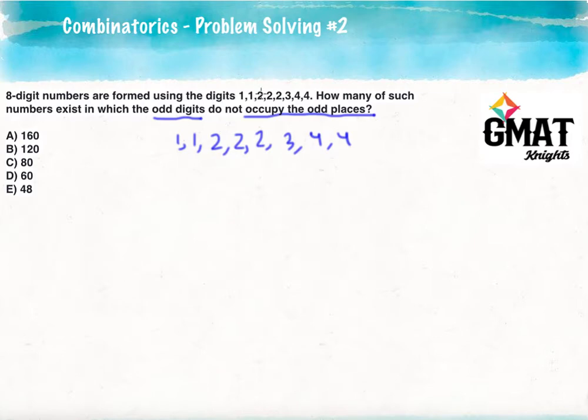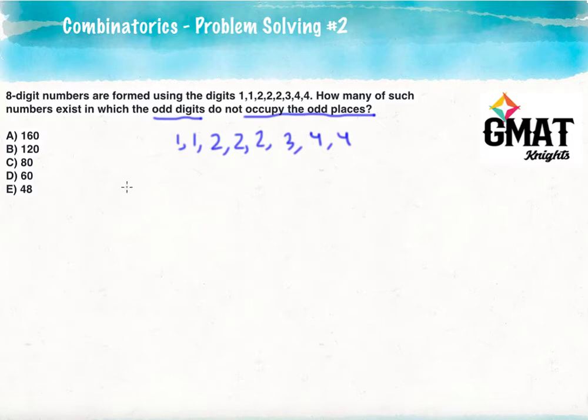Suppose this restriction were not there and we just needed to arrange these 8 digits to form 8-digit numbers. In how many ways could we do that? There is a property wherein you need to arrange n objects at n places where p objects are of one kind, q objects are of another kind, and r objects are of yet another kind.